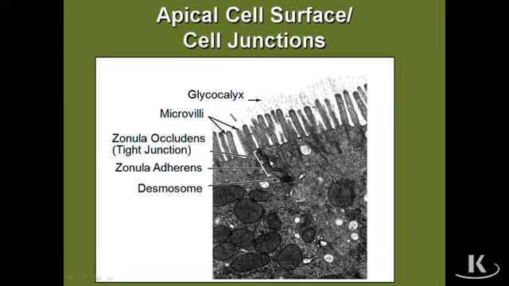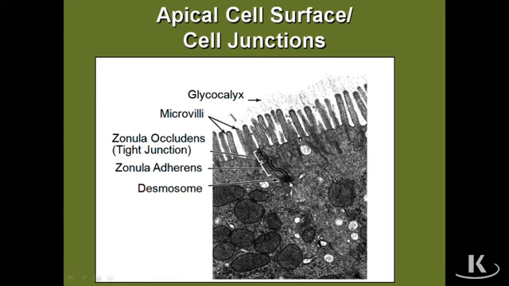And situated below a typical zonula occludens is a zonula adherens, both of which are associated with actin microfilaments. The actin microfilaments tend to be a little more prominent at the zonula adherens, giving them a slight intracellular electron density on the side of the opposed membranes.